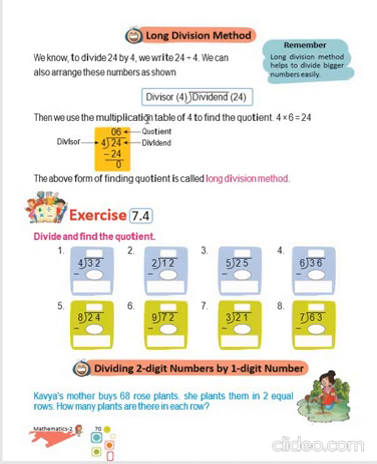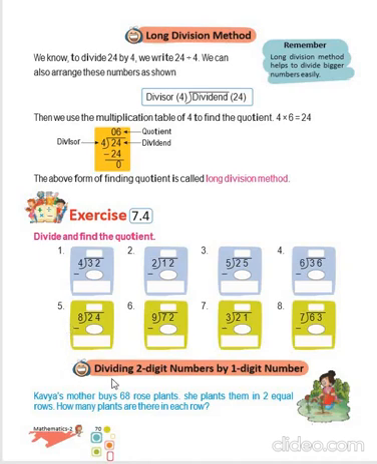We have to use the multiplication table of 6, and we know that 4 into 6 is 24. Then we write this 4 here and 24 here. This type of finding division is known as the long division method. Now come to exercise 7.4. Here also you have to do in the same way as explained in the above example.